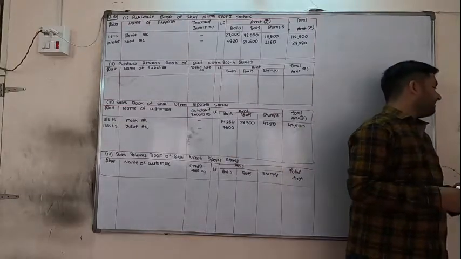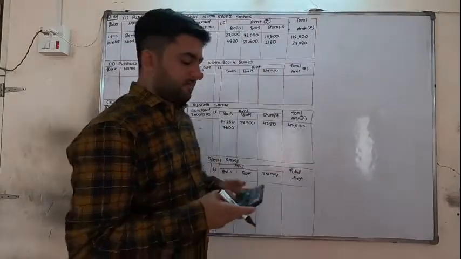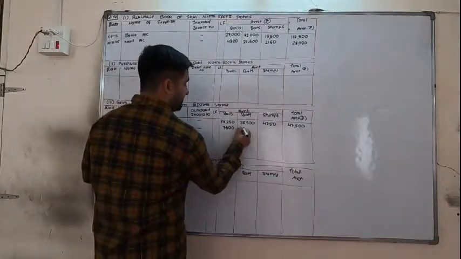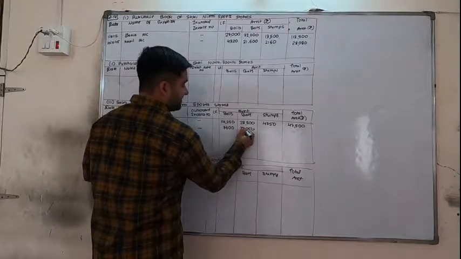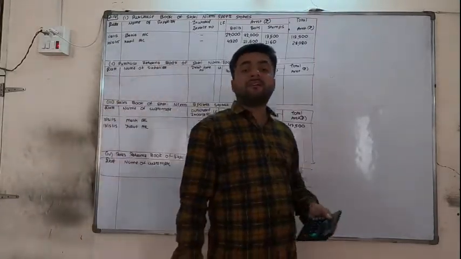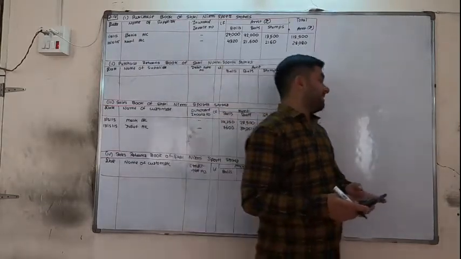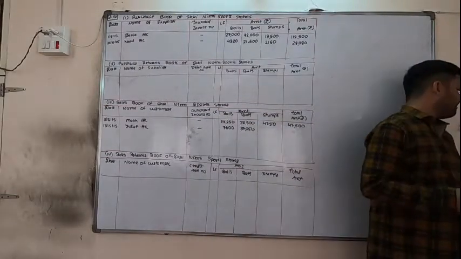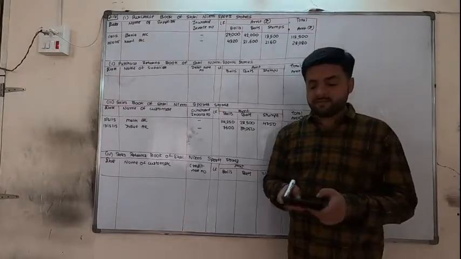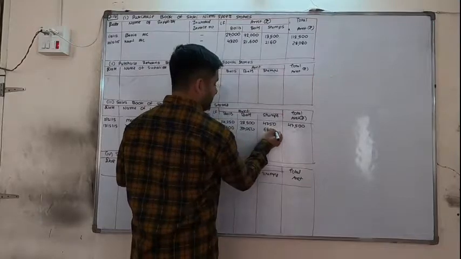Next, 30 bags at 1,300 per piece, so 39,000 minus 5% is 37,050. See friends, remember, somewhere trade discount is 5%, somewhere trade discount is 10%, so remember that. And next, 10 stumps at 700 per pair minus 5%, so 6,650.